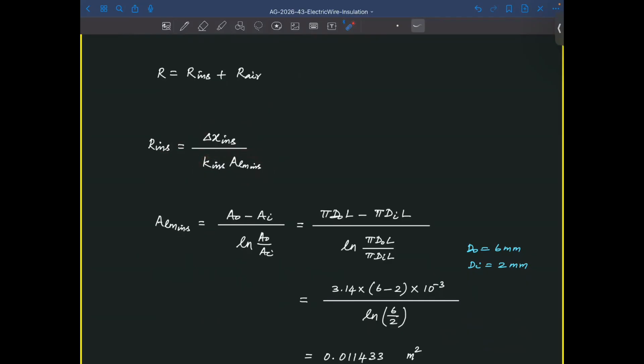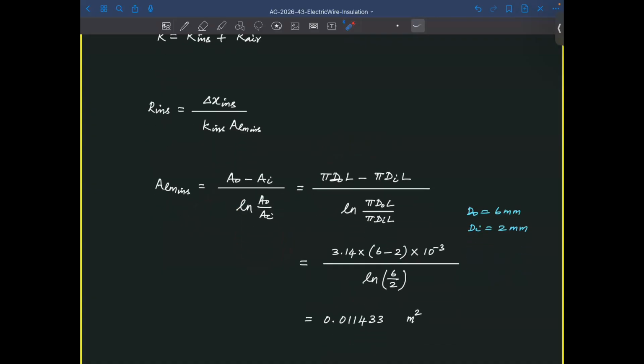This area is going to be a log mean area because of the cylindrical surface, for which the log mean area is outer minus inner by ln of outer by inner. So this area is going to be pi dl, because of the cylindrical surface. L is already given as 1 meter.